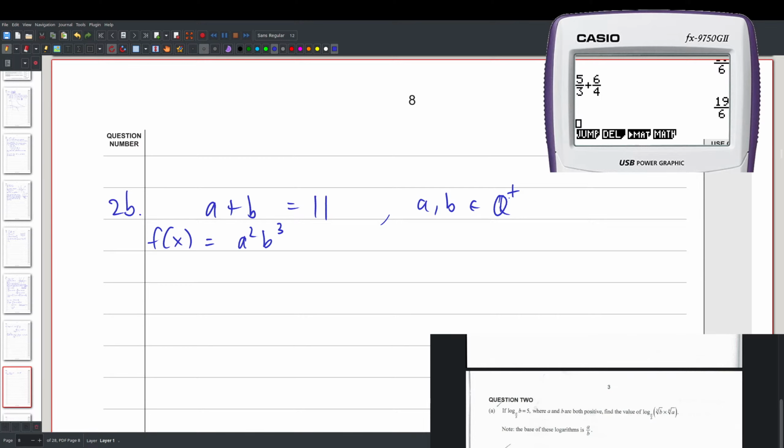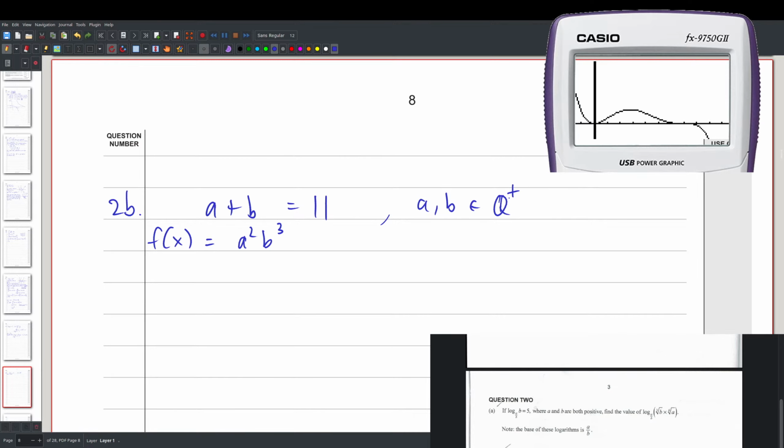Let's see. Okay, so we go here. We go x squared times 11 minus x to the 3. View window. Wait, zoom. No. What are you doing? Zoom auto. Yep. That's very nice. But I want to zoom in on the y-axis because I can't see anything right now.